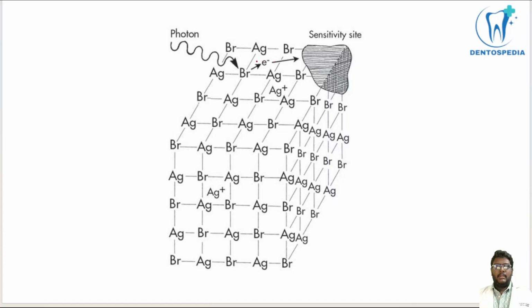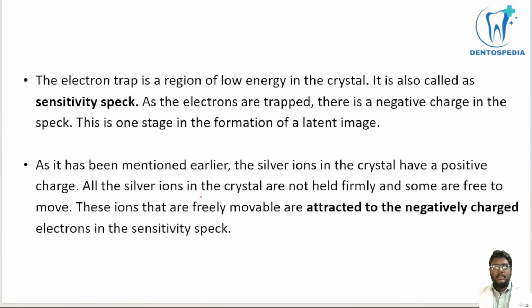The electrons get detached from the bromine ions and are attracted towards certain areas called sensitivity speck areas, where the electrons are pulled. The electron trap is a region of low energy in the crystal. It is also called the sensitivity speck area.